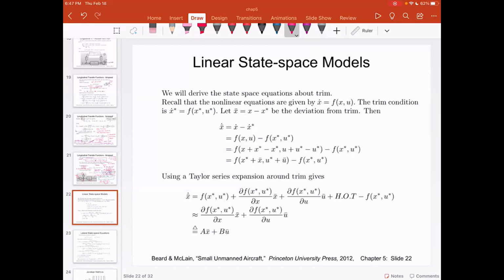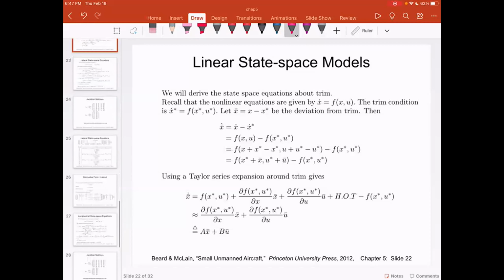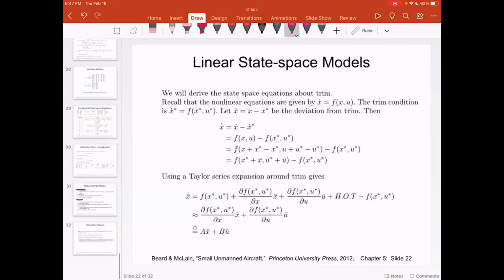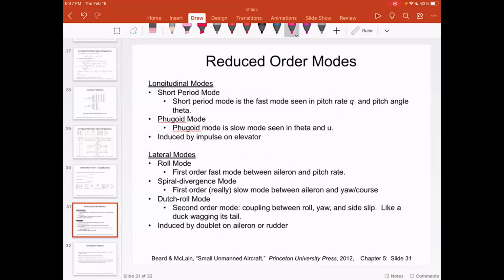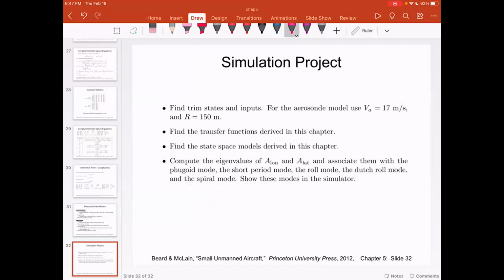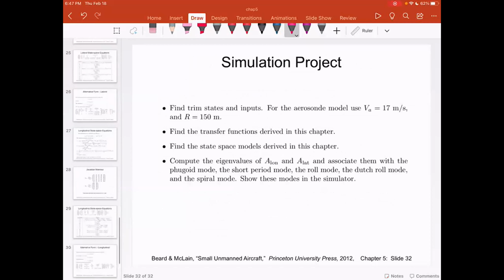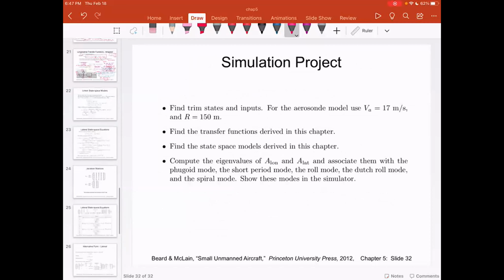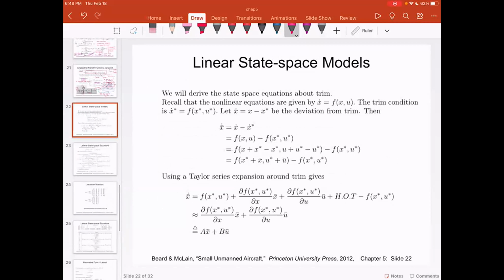But if you look at the next project, in the simulation project or the assignment that I have given, first we are going to find the trim conditions, and then we are going to come up with a controller, and then we will integrate our controller with project 3.